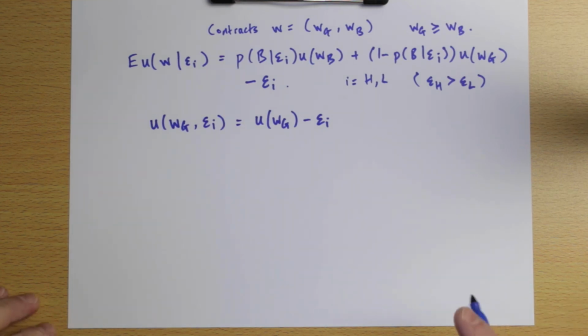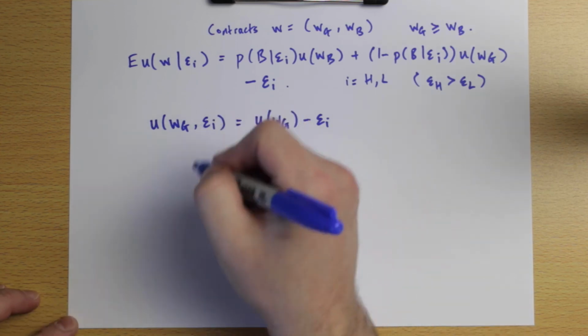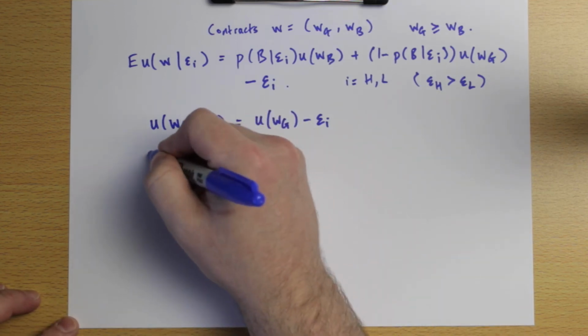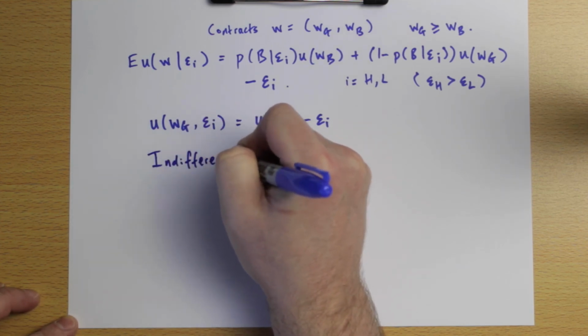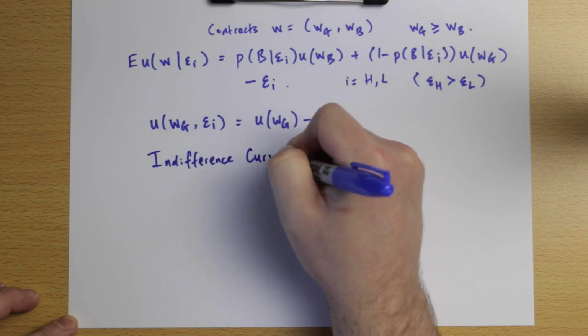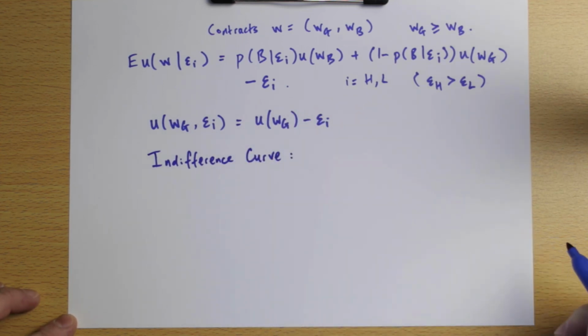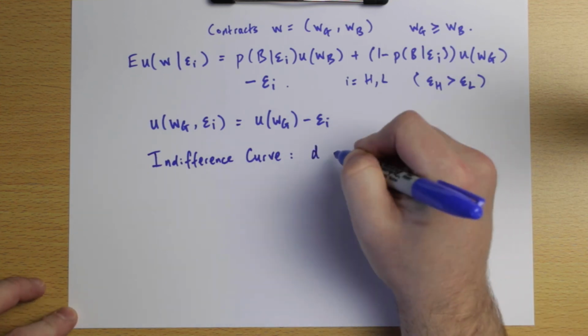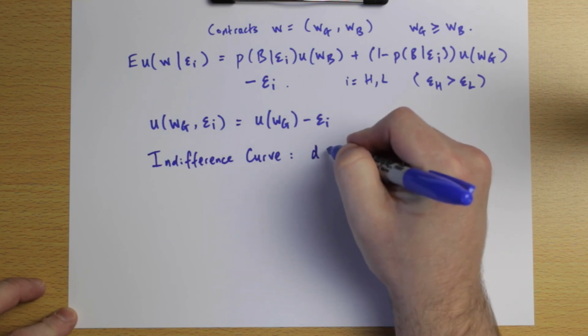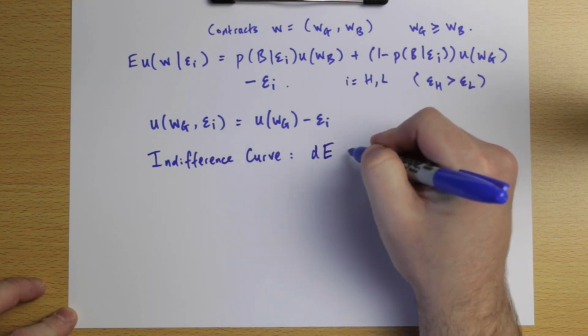Let's have a look at indifference curves, and we'll see why this linear in disutility of effort model is so tractable. So remember, an indifference curve, and again, this is very, very similar to the Rothschild-Stiglitz model. Really, it is the Rothschild-Stiglitz model. We're just interpreting things slightly differently, but we're using all the same tools. So an indifference curve, if we wanted to derive its slope, well, we'd start with a property of an indifference curve.